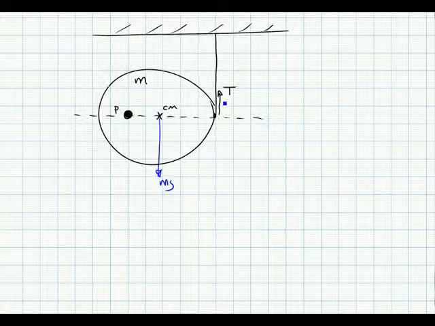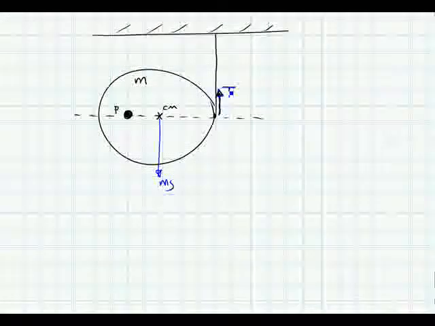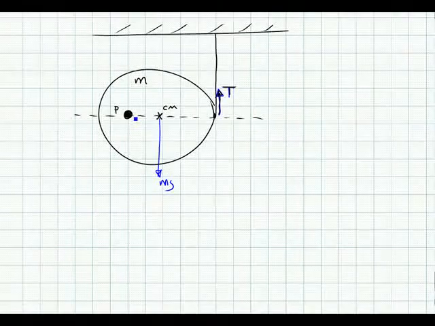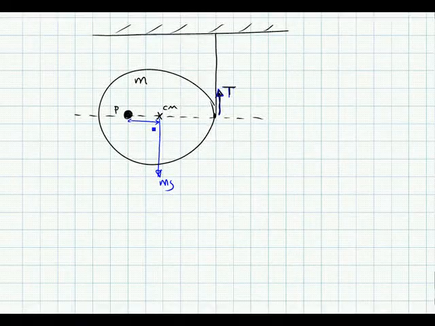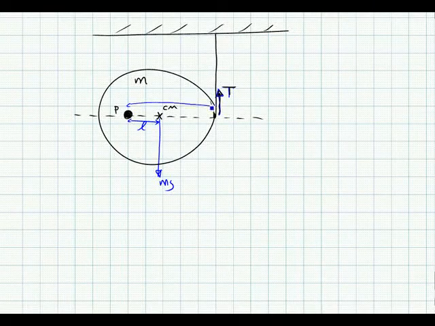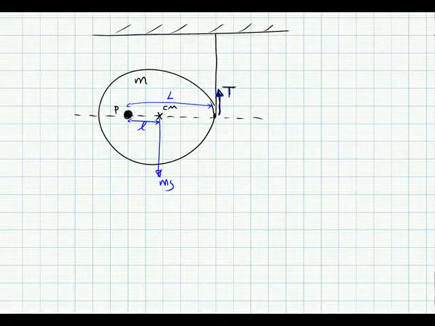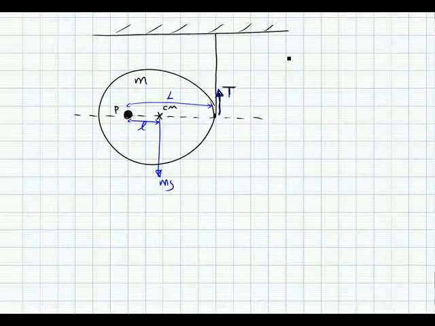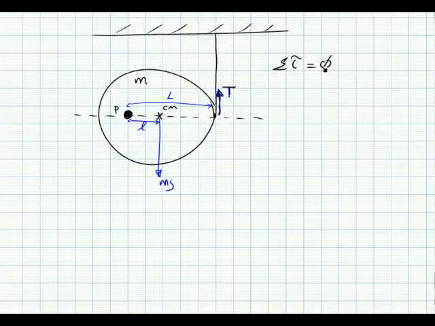Remember, weight acts at the center of mass, and of course T, tension, acting up in this way. Now if the distance from the center of mass to the pivot point is given, let's call that little l, and the distance from the pivot point to where the string is attached, let's call that big L, then for equilibrium we make the argument that the sum of the torques must equal 0.